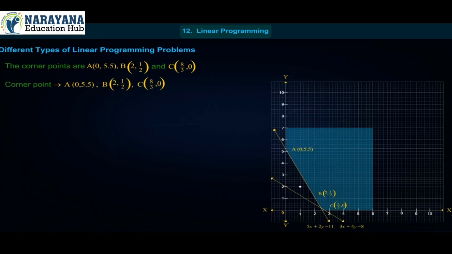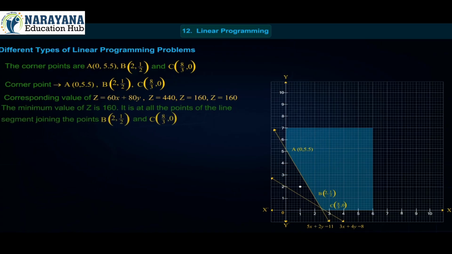Corresponding values of Z equals 60x plus 80y are Z equals 440, Z equals 160, Z equals 160. The minimum value of Z is 160. It is at all the points of the line segment joining the points B (2, 1 upon 2) and C (8 upon 3, 0).